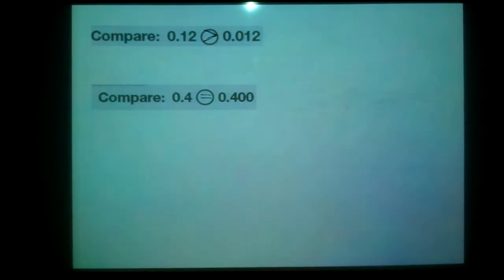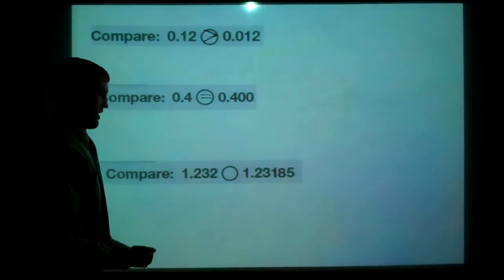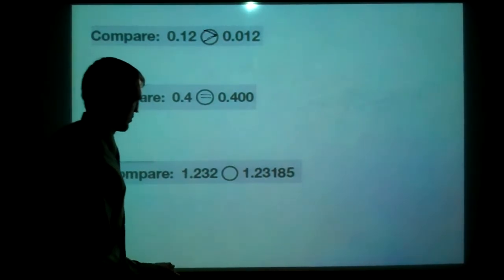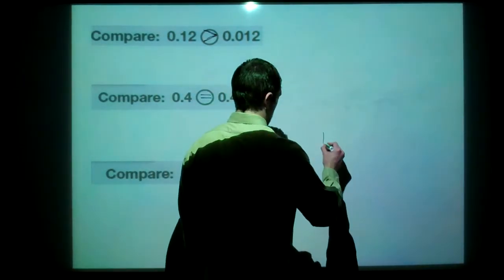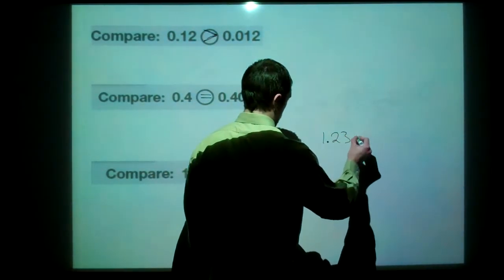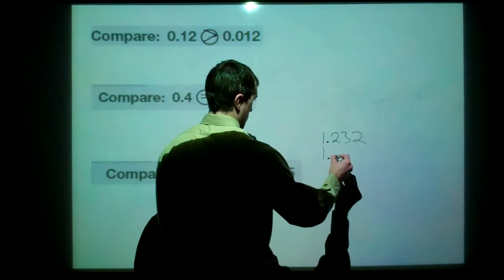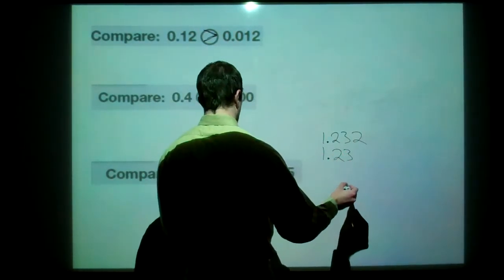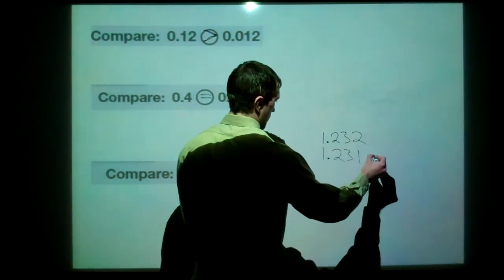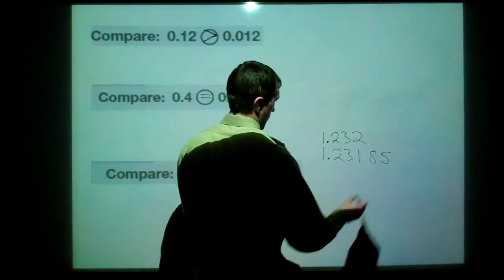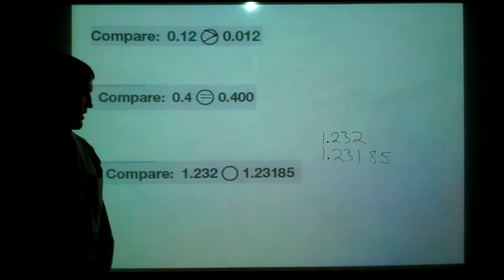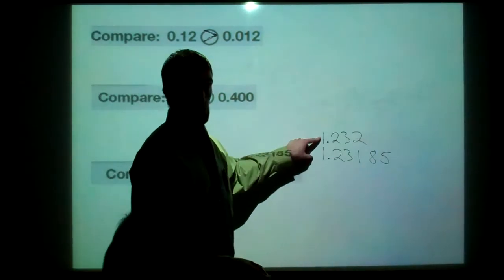And I believe we have one more for the comparing here. Compare 1.232 and 1.23185. Okay, so let's line those up. Alright, so we can see that they're both 1.